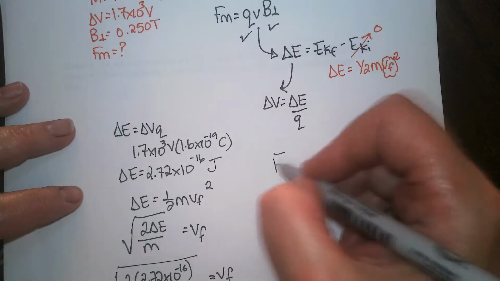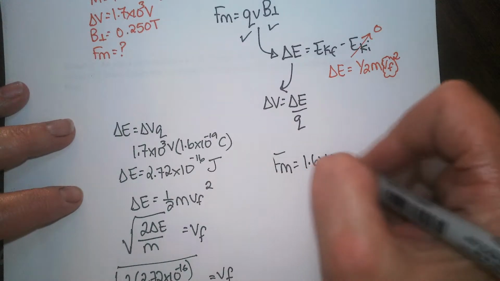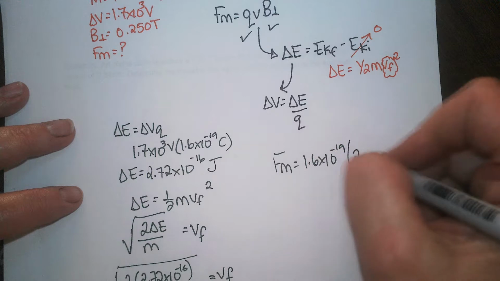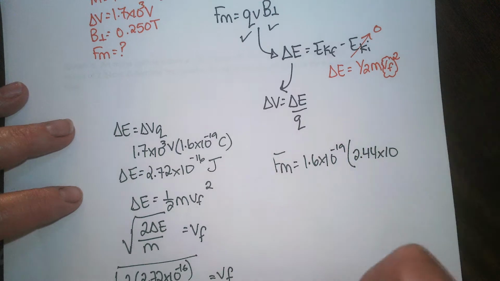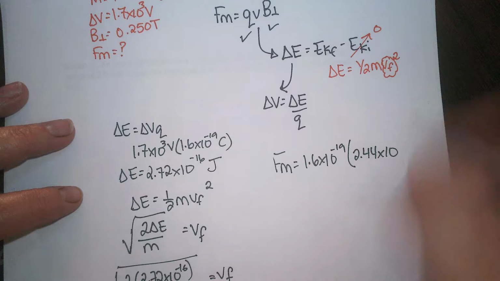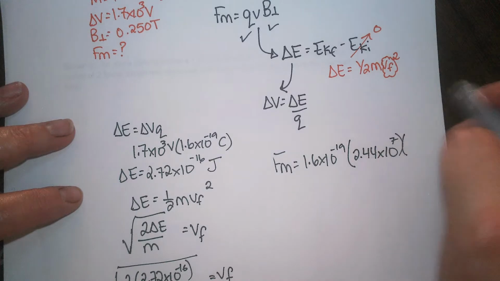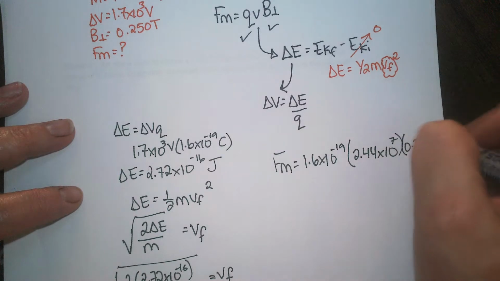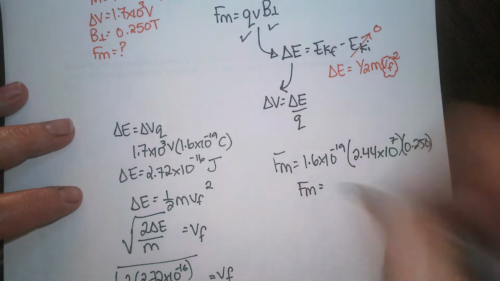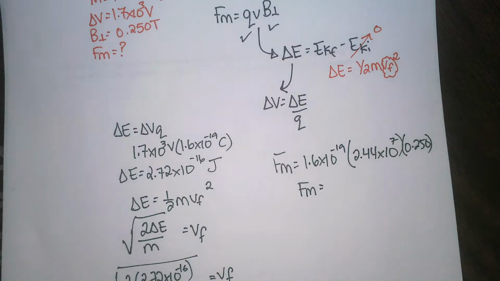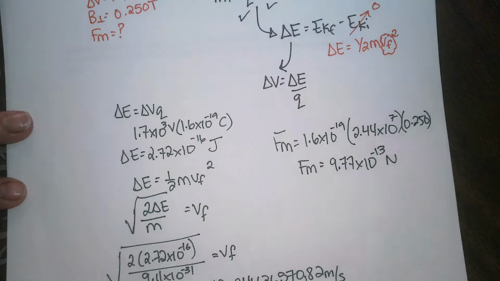Force magnetic. Okay, 9.77 times 10 to the negative 13 newtons.